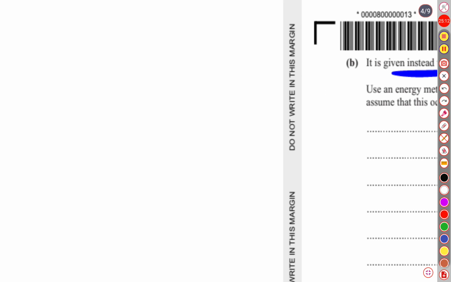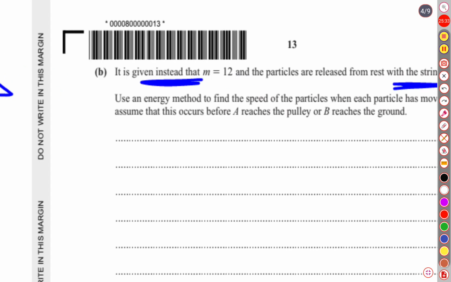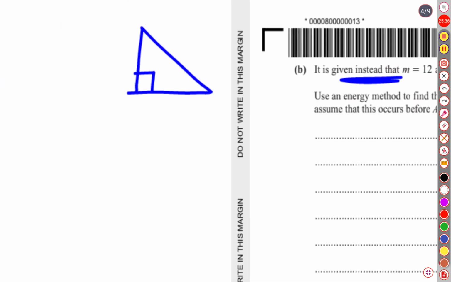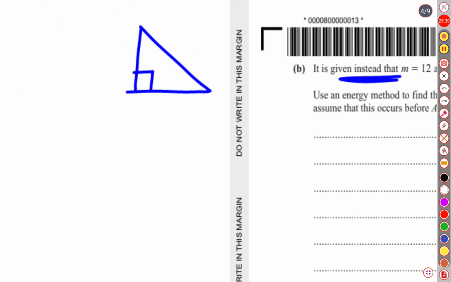Suppose here is particle A. It moved 0.6 meter. Look, it is written here how much. 0.6 meter is the length it traveled. So this is our 0.6 meters.